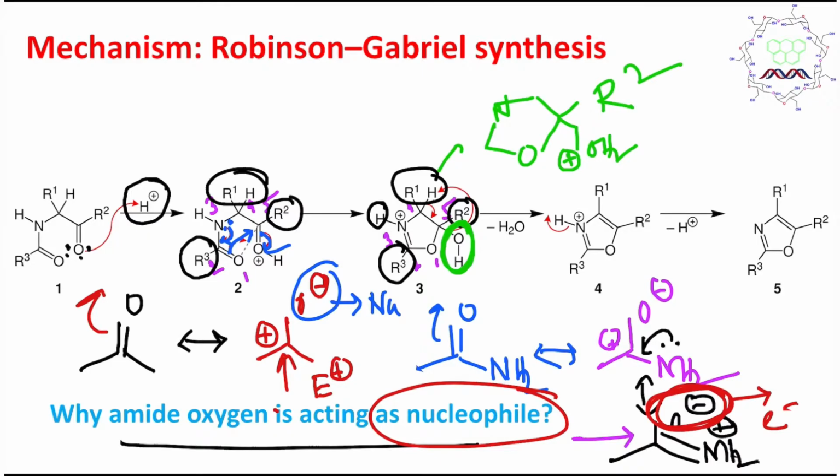So this is R2, this is R1, and this is H, and this side is R3. Okay, and there is a double bond, this is the protonated nitrogen. So we have understood up to this. Now in the next step, as I told, sorry, this should be one bond. So OH2 became a good leaving group. So what can happen? The lone pair of oxygen can push here and it can leave.